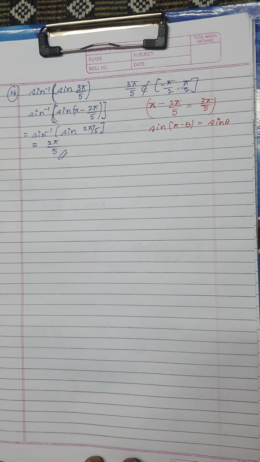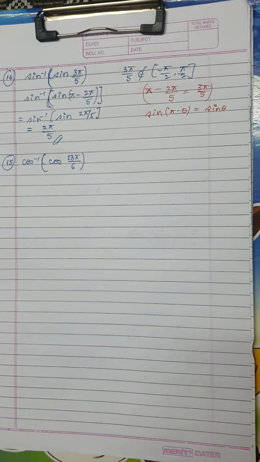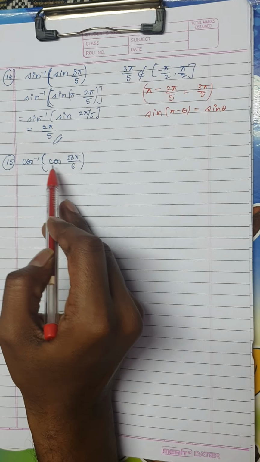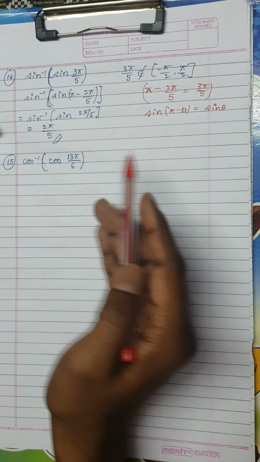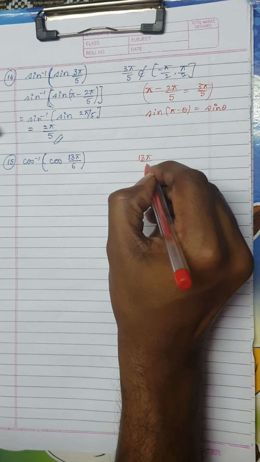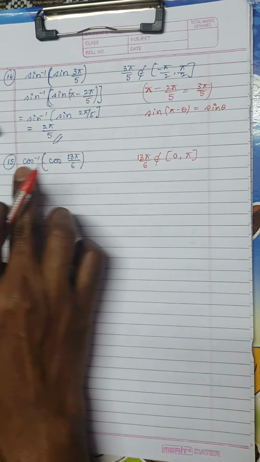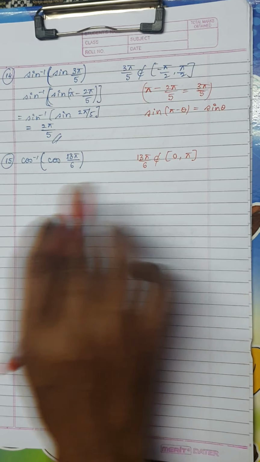We are going to see a few more examples of this kind. Now consider this question, cos inverse of cos 13 pi by 6. Clearly 13 pi by 6 is not in the range of cos inverse. The range of cos inverse x is 0 to pi.